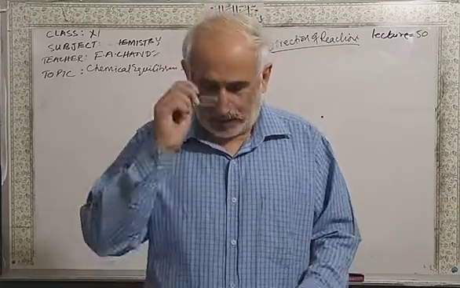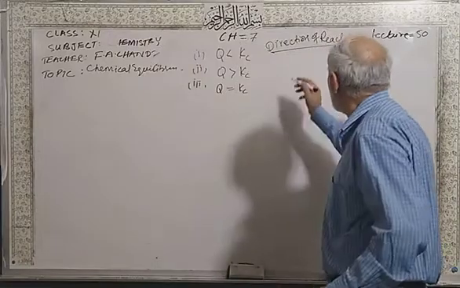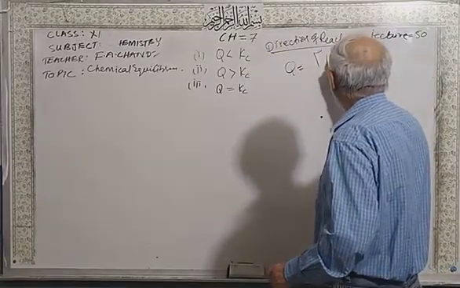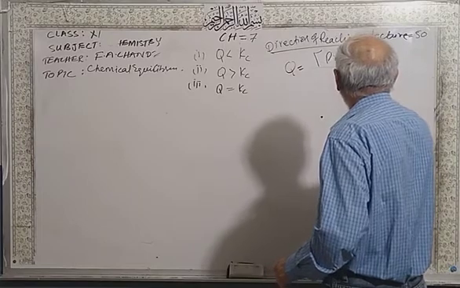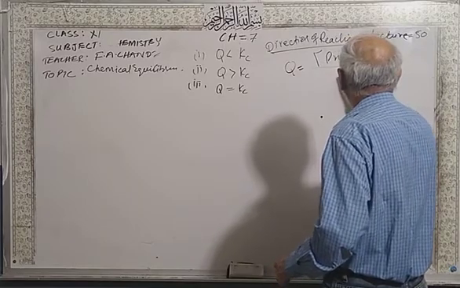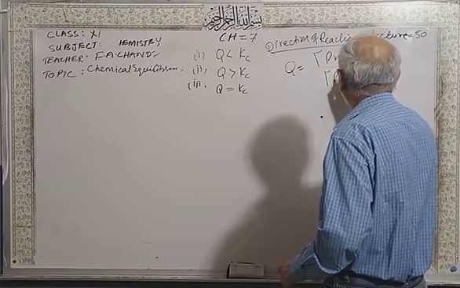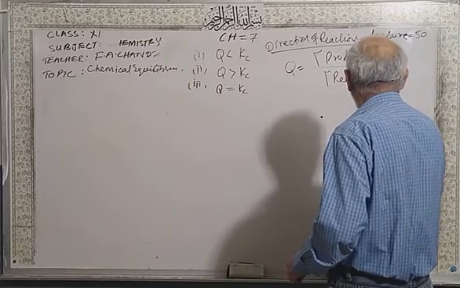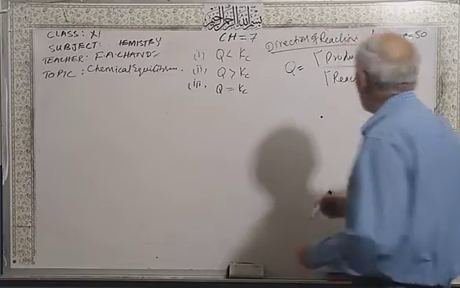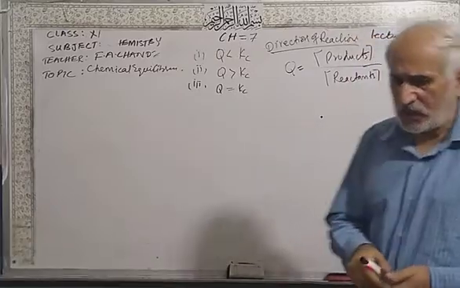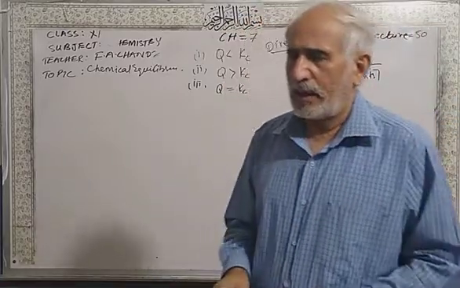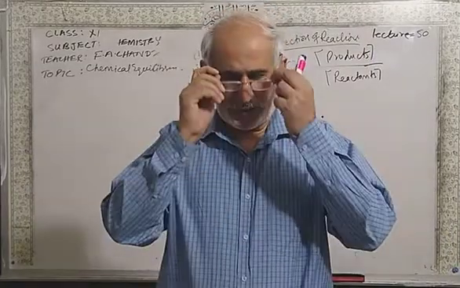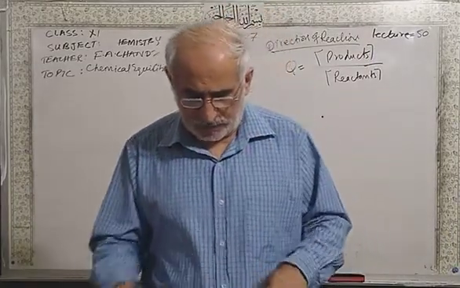According to the formula, Q quotient is equal to the concentration of products divided by the concentration of reactants. Apply this formula, all concentrations are given. Products must be towards the numerator side and reactants towards the denominator side.